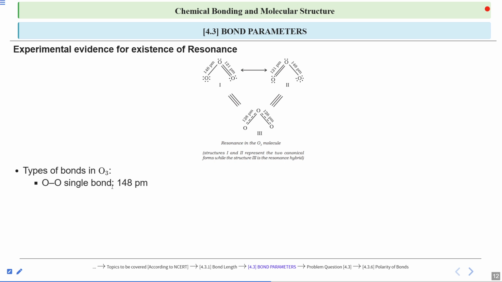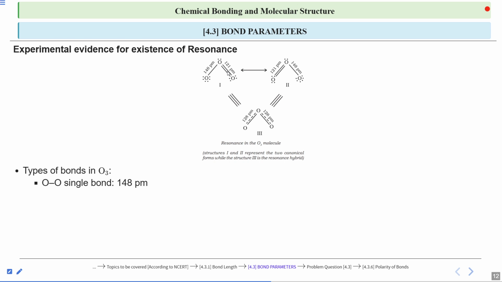It is seen that generally your single O–O bond has a bond length of 148 picometer. This is not the actual bond length, but it is the general case. So if it was single, then one of these should have 148 picometer. If you take the case of ozone, it has one single bond and one double bond.